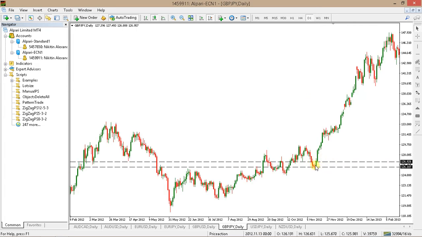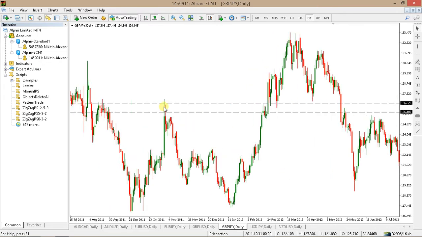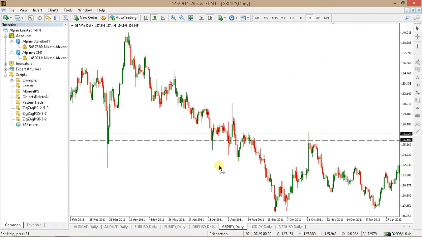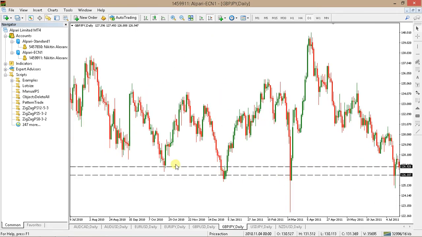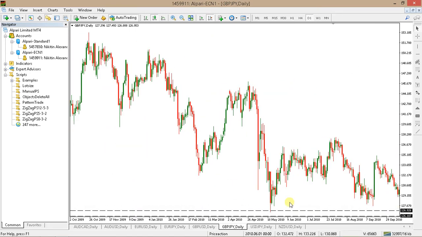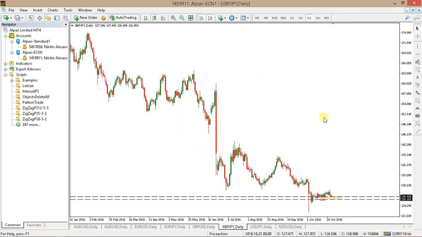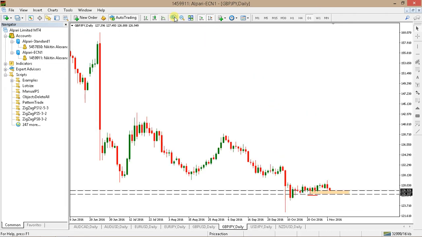Look here, support, resistance, support, resistance. So resistance, kind of support, and support as well. So those 9 candle fractals are acting very good as support resistance zones, so pay close attention to them.